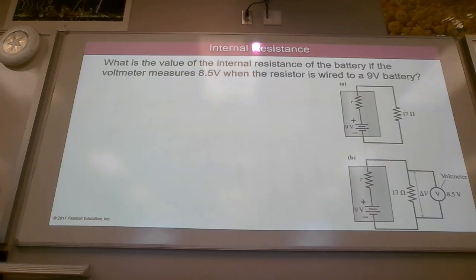Okay. So what is the value of the internal resistance of the battery if the voltmeter measures 8.5 volts, your terminal voltage, when it's wired to a resistor with a 9-volt battery? We can do this a couple different ways.